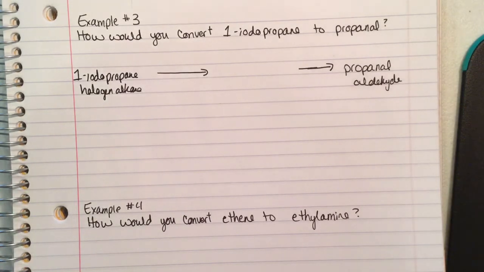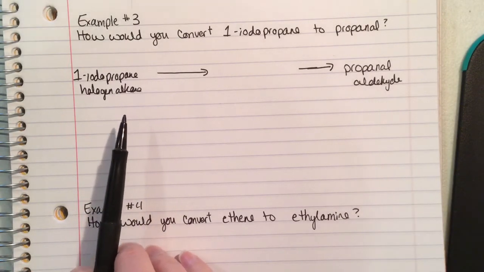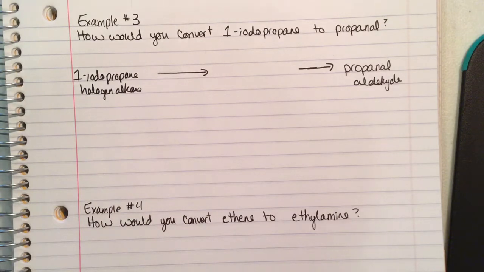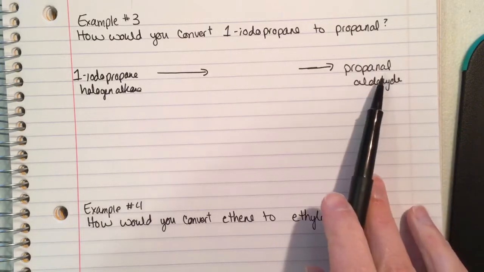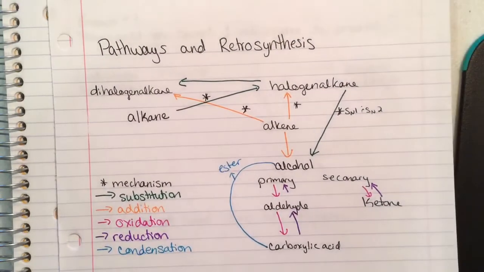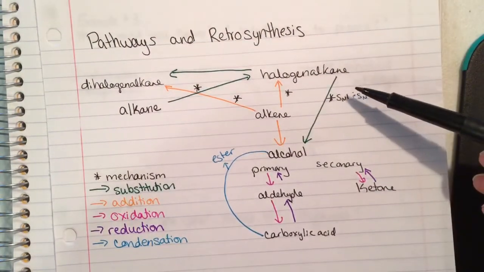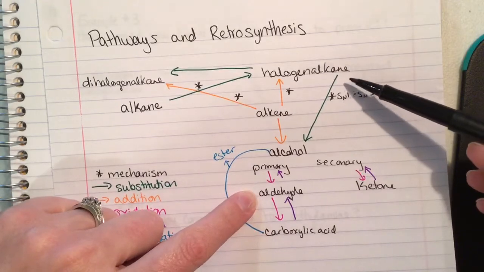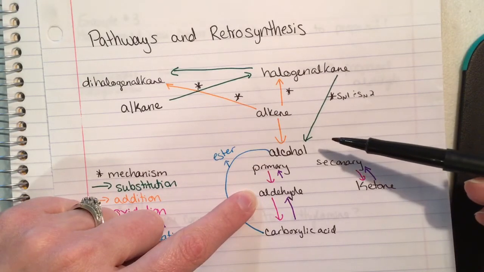And so this is asking me, how would you turn 1-iodopropane, which is a halogen alkane, into propanal? So an Al is an aldehyde. So, I don't know, let's go figure this out. So if I have a halogen alkane and I want to get to an aldehyde, I could turn it into an alcohol.